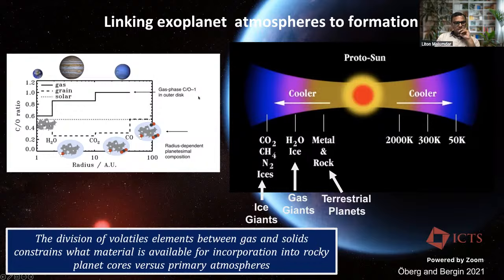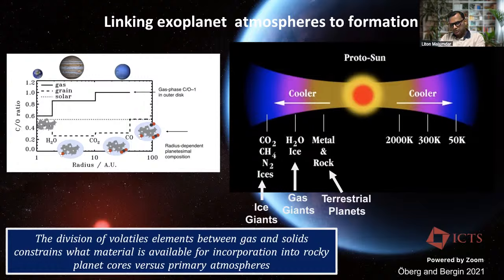In that way, the bulk carbon to oxygen ratio in the disk stage reflects the expected initial carbon to oxygen ratio that will be available to future planets. And as a result, the carbon to oxygen ratio becomes one of the foundational tools for us to get an idea about how atmospheric diversity for planetary atmospheres could be used to understand its origin.